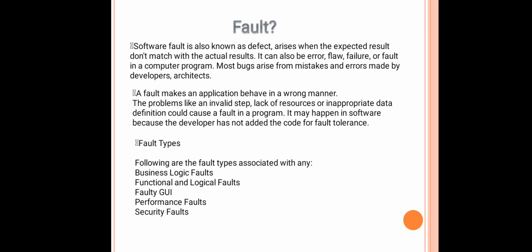Then faulty GUI: if the user interface is not good as per the user requirement, then there is a faulty GUI. The next one is a performance fault: if the performance is not good for that application, a performance fault occurs. And the last one is a security fault. A security fault means the application is not secure, so there will be a security fault.